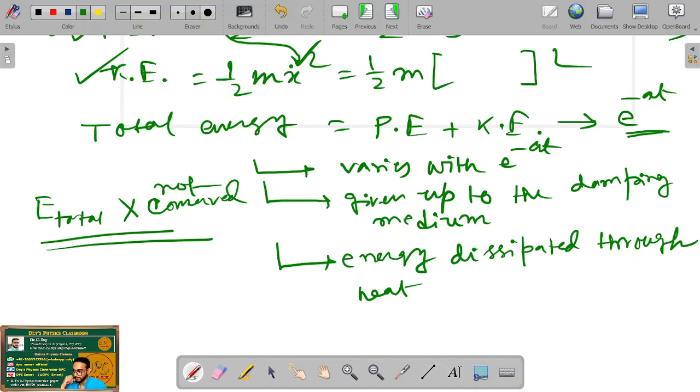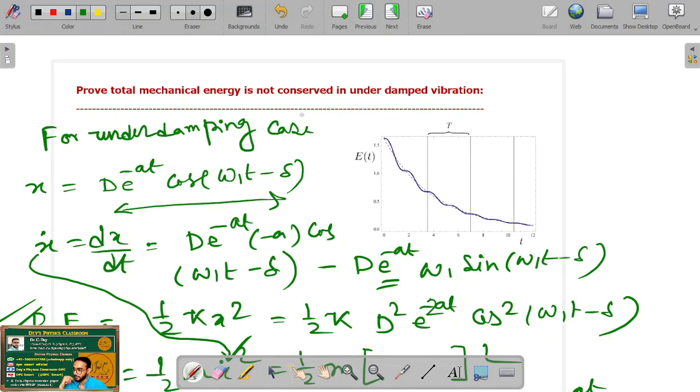So the total energy for underdamped vibration would not be conserved. It would be dissipated through heat and given up to the damping medium. If we plot the total energy versus time for underdamped vibration, the graph would be like this. So this is the graph of total energy versus time for underdamped vibration or underdamped oscillation.